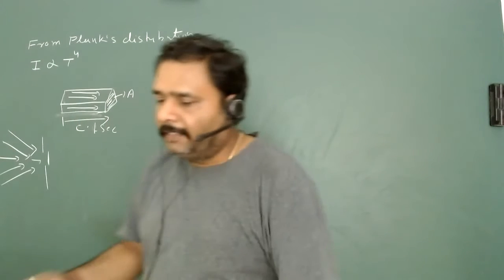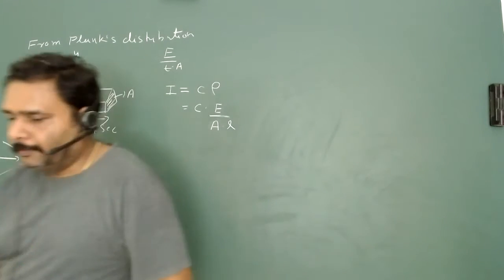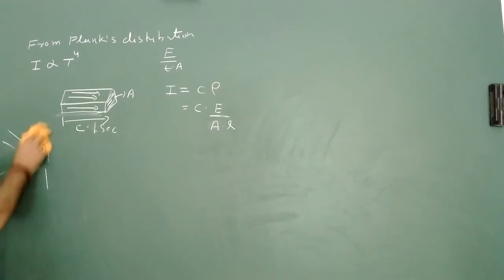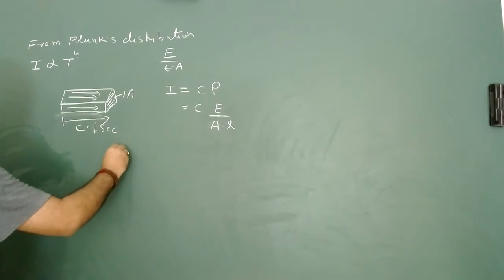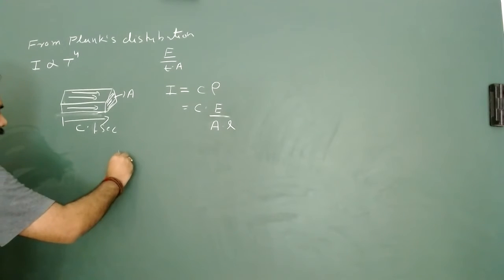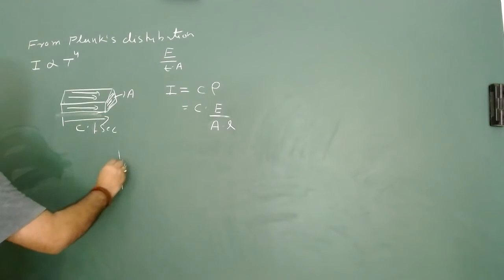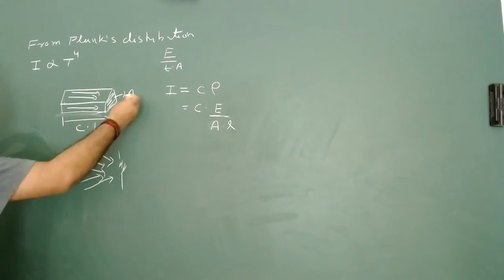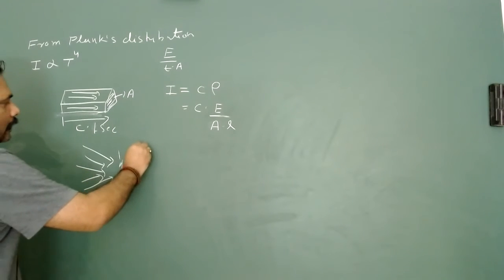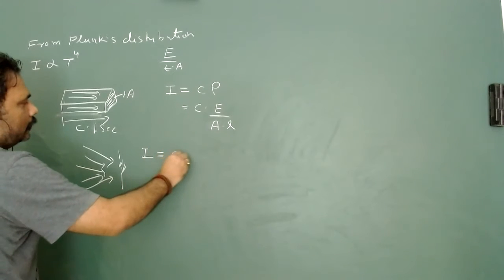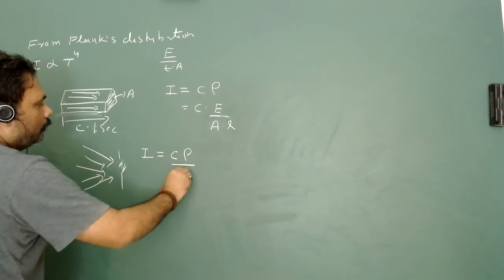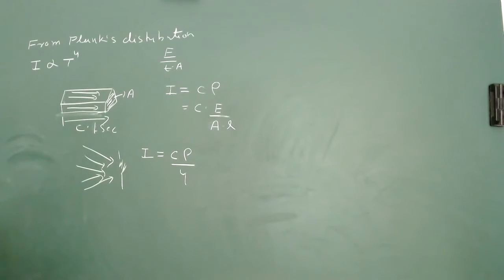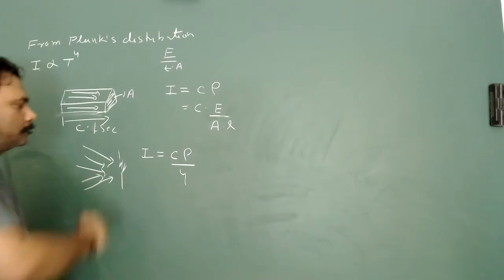What is the effective intensity here? Suppose this is the area I am talking about, and the radiation is coming from all possible directions. Then the intensity is C rho by 4, due to the effect of solid angle.